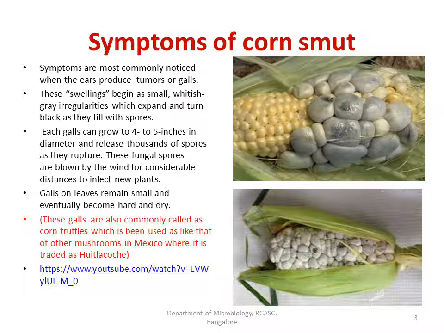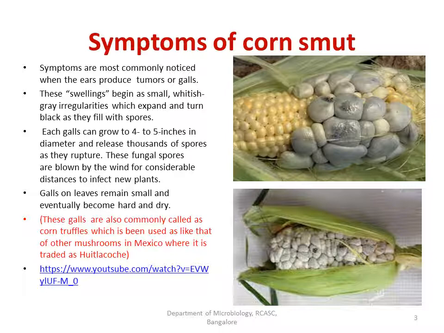Inside these cells the fungus grows and produces teleospores, and the infected cells grow to 4 to 5 inches in diameter. Once a large amount of spores has accumulated inside, the membrane ruptures and the spores are released. These smut spores are blown out, disseminated through wind, and when they come in contact with a healthy plant, the cycle continues.